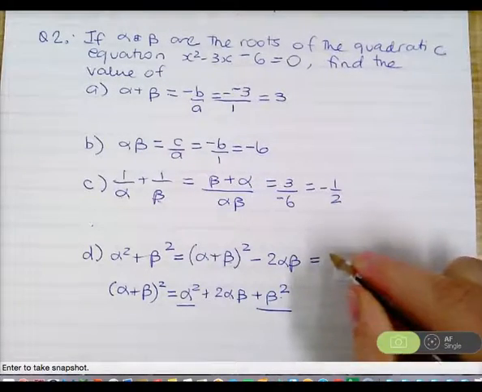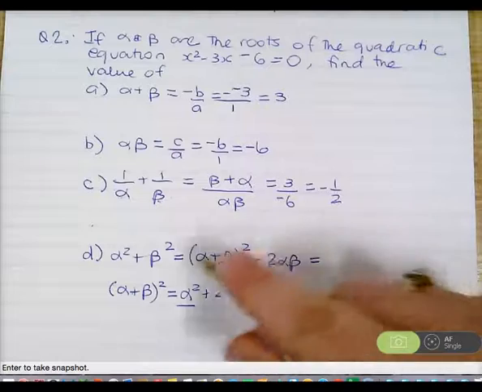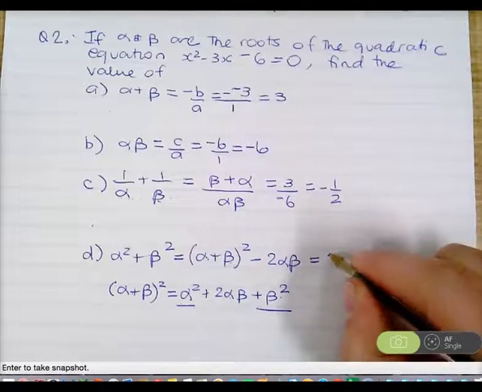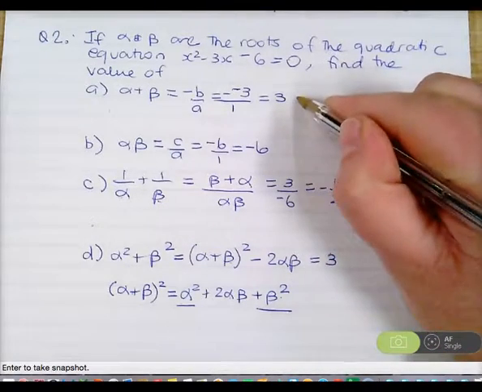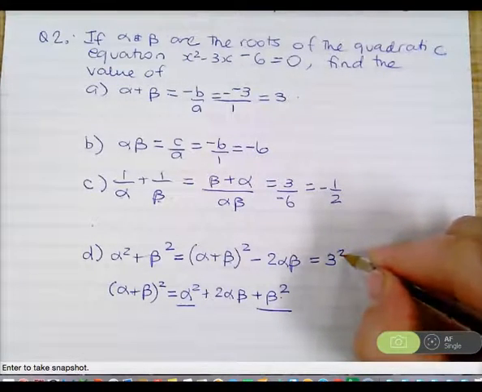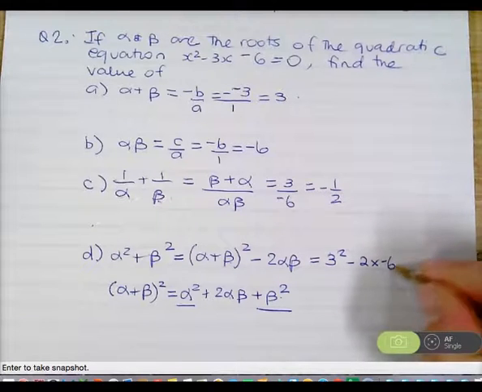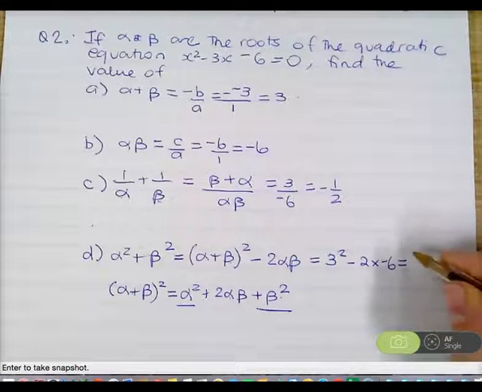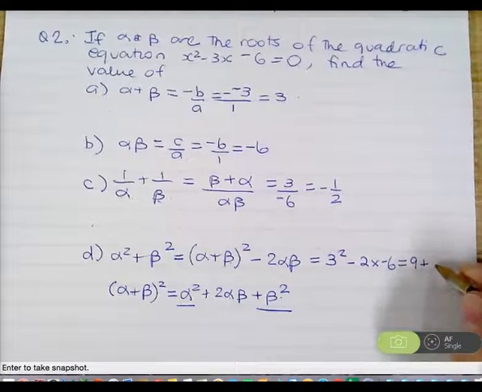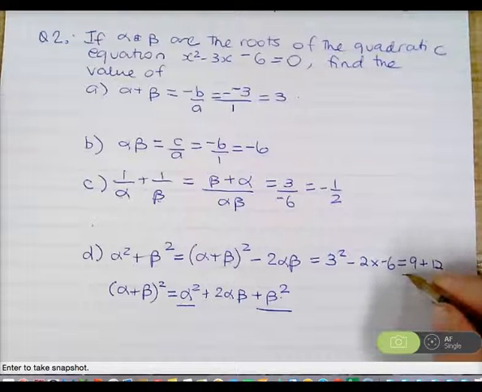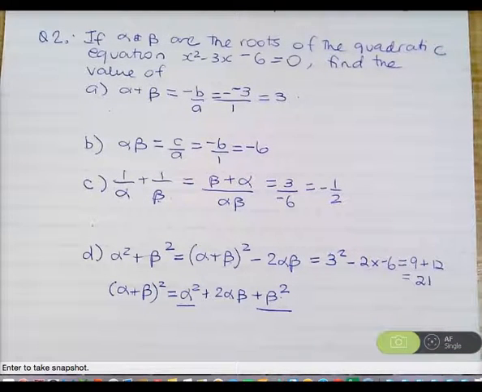So therefore, what does alpha plus beta squared equal? So what's alpha plus beta? 3 from part A. Alpha plus beta is 3 squared minus 2 times negative 6. So I've got 3 squared is 9 plus 12, which is 21.